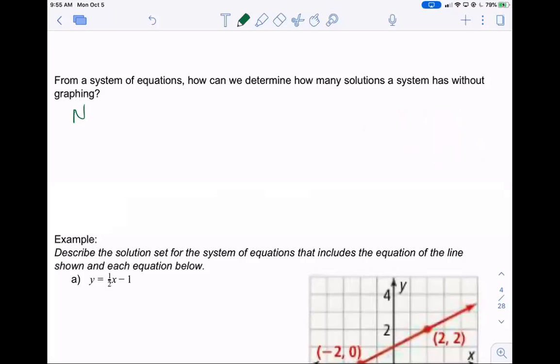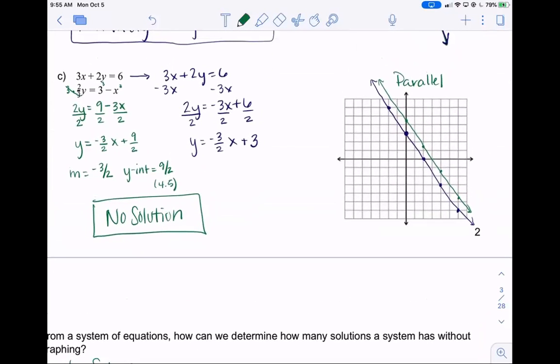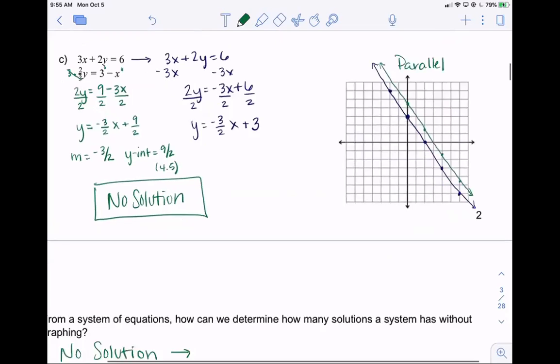Okay, so no solution was the first one we talked about. So when we had no solution, the two lines were what? Parallel. And when two lines are parallel, what do we know about them? They never touch. What did we talk about last class? What was something that we knew about those two lines? They had the same slope.